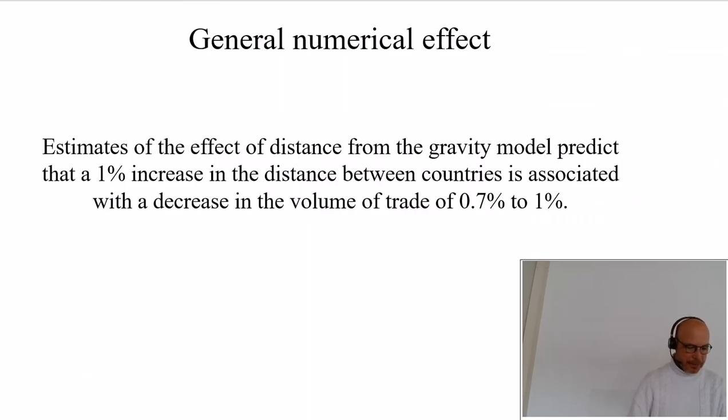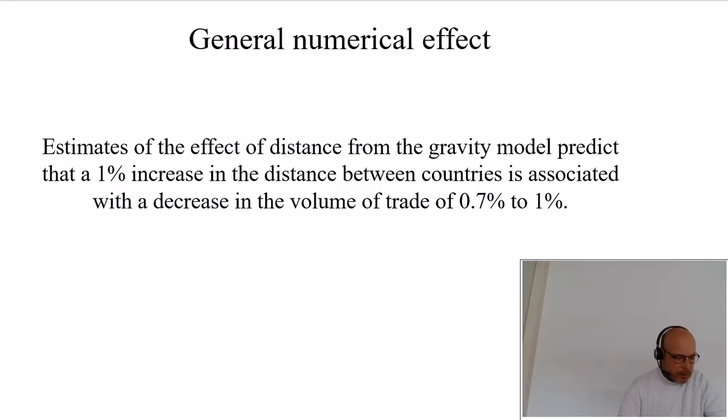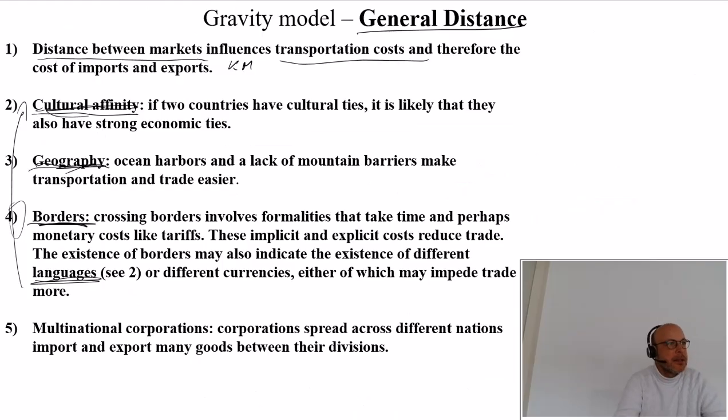Okay, and then we also interpreted the distance in a quite more general way than only in kilometers with respect to transportation costs. There we said, well, there is maybe then something like an economic distance.